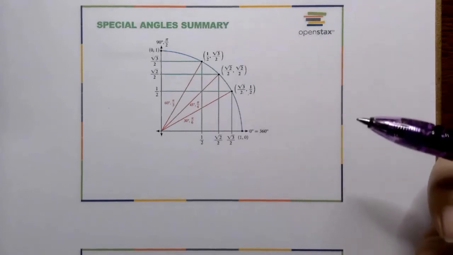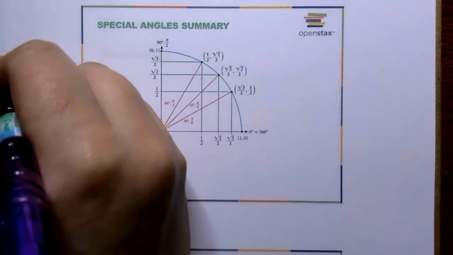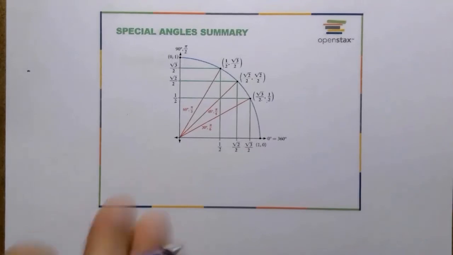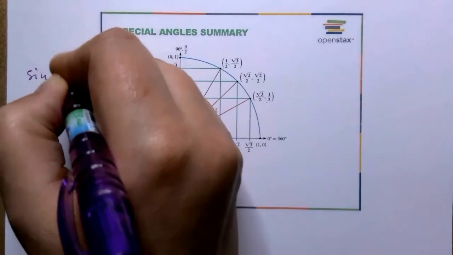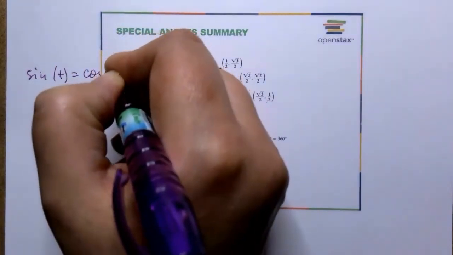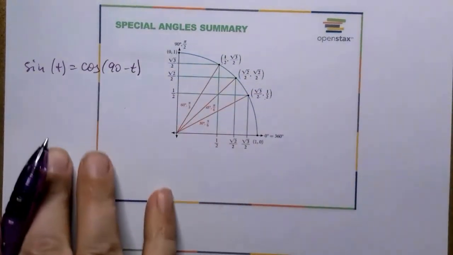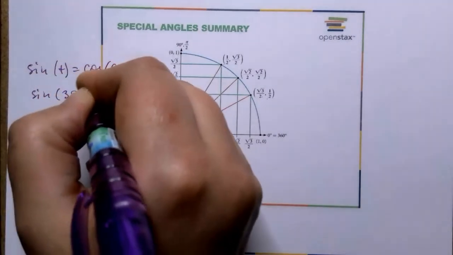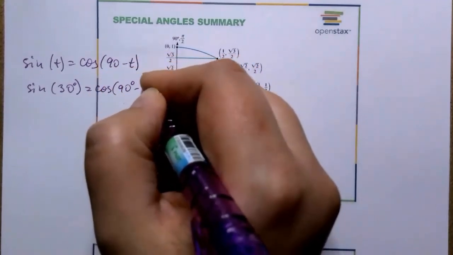All right, but we knew that, right? Remember we were talking about cofunctions, and we said that sine of t equals cosine of 90 minus t, and same for cosine. So if we are talking about the 30-degree angle, this equals the cosine of 90 minus 30.